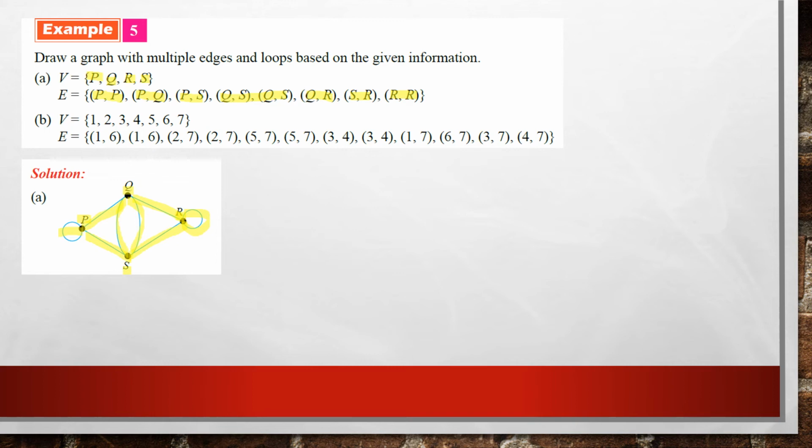This is how we draw. Your diagram can be different. You can draw up to you. Maybe you draw your P here. Then Q down here also can. Then your R is here and S is here.